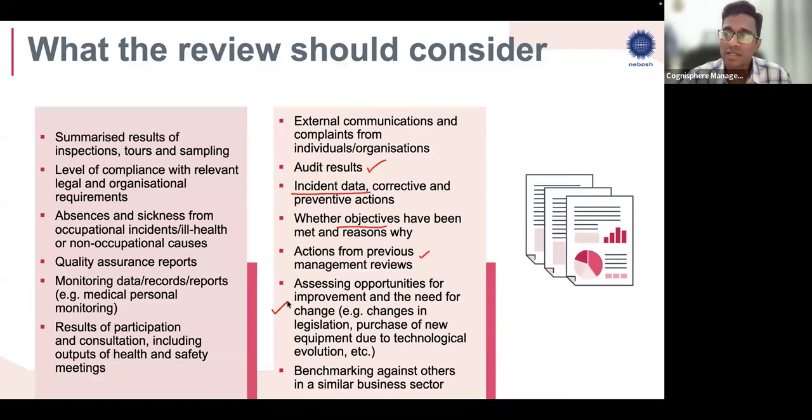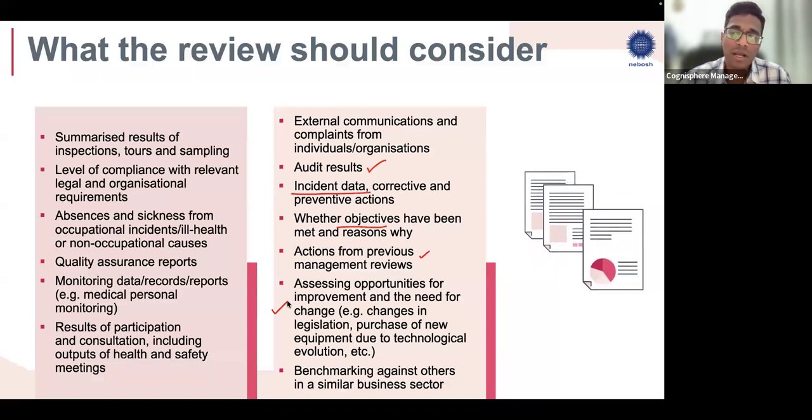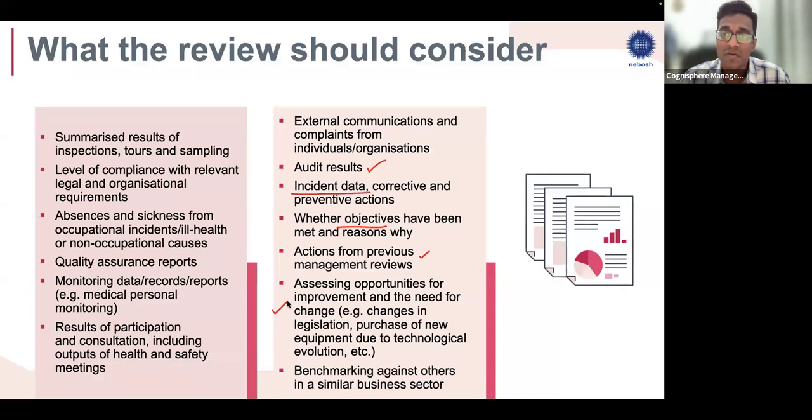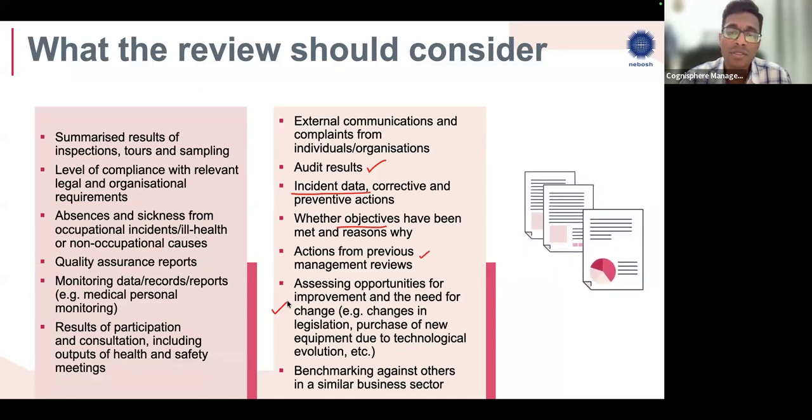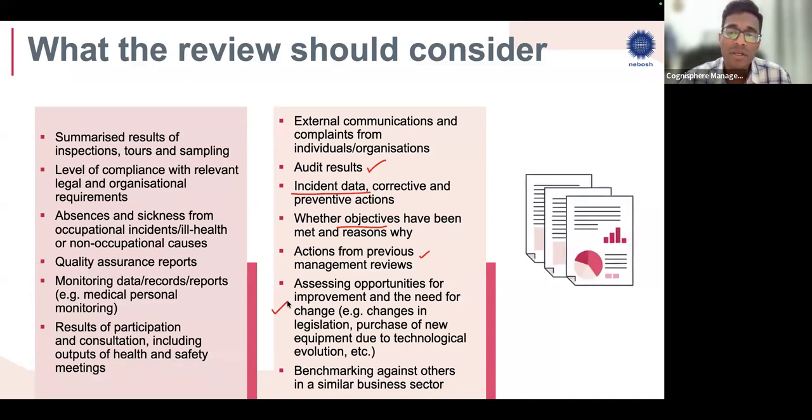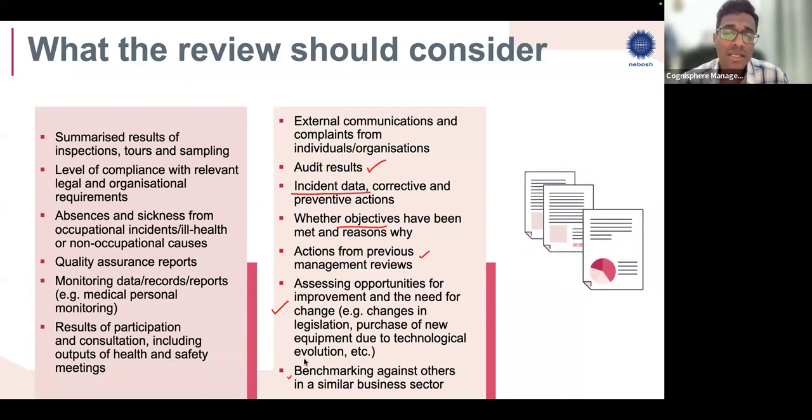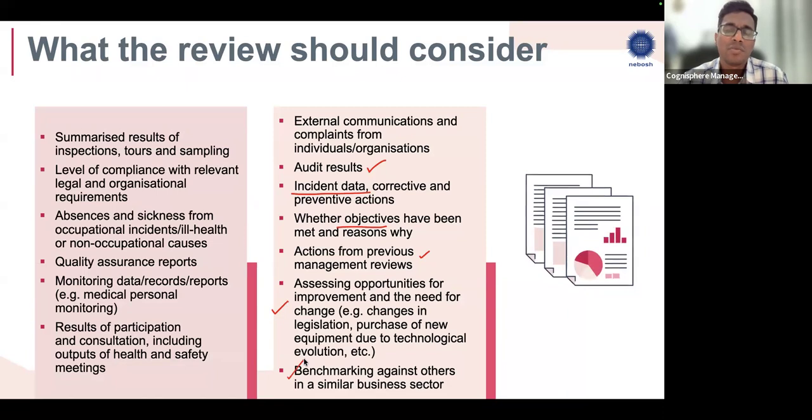For example, a change in the regulations, or a change at the senior management level, or if in 3 months you're going to introduce a new machinery or new technology. All this would be reviewed to see whether you have a proper plan in place for this change to happen.